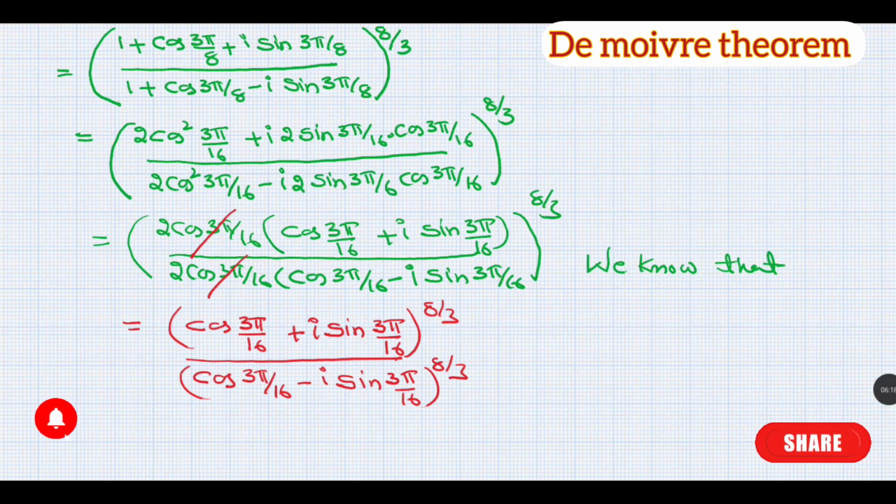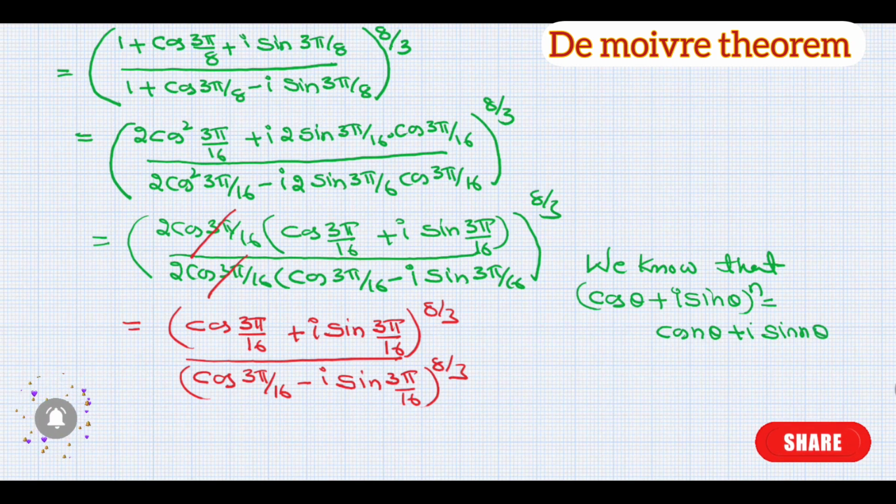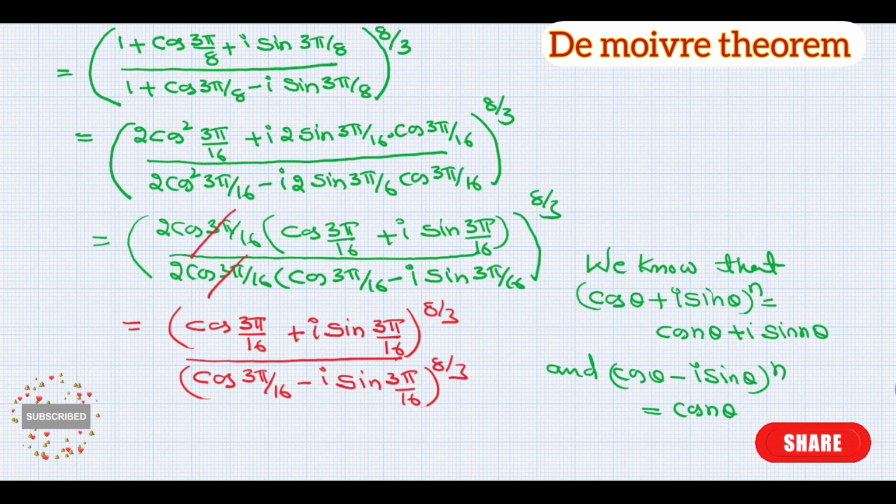We know that de Moivre's theorem: (cos θ + i sin θ)^n is equal to cos nθ + i sin nθ, and (cos θ − i sin θ)^n is equal to cos nθ − i sin nθ.